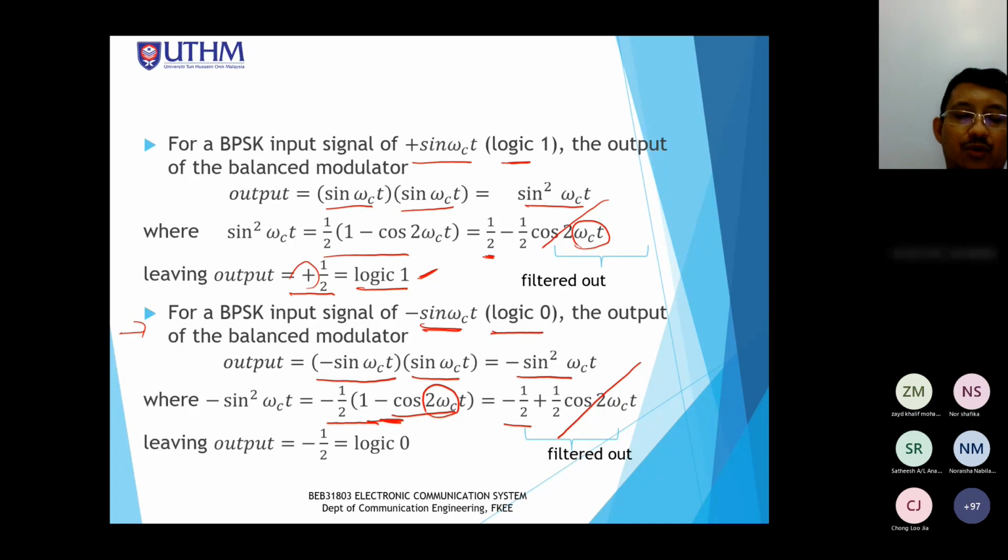Since this is a negative polarity, it is represented as logic 0 at the output. This is how BPSK translates the analog input into a digital logic output.